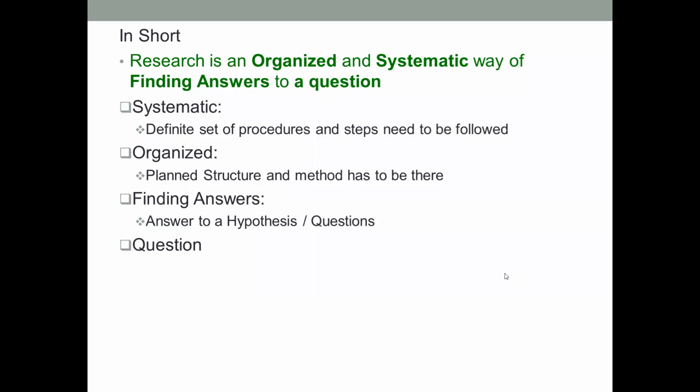Organized means all these steps should be planned and the method should be well defined while you're progressing. Then finding answers means the answer to the hypothesis. Then the research question, in another way, is the topic or the intended problem that you are going to solve.